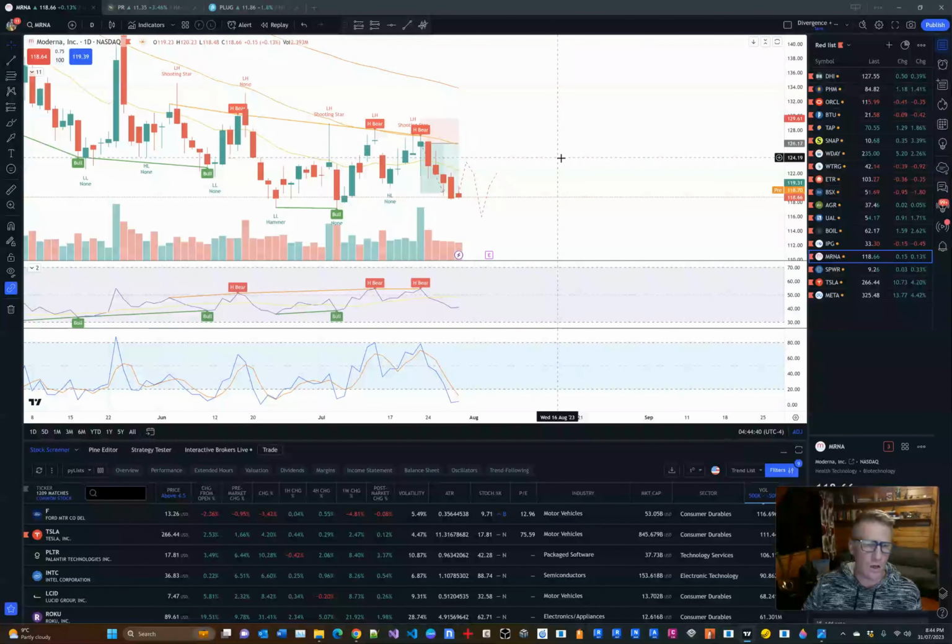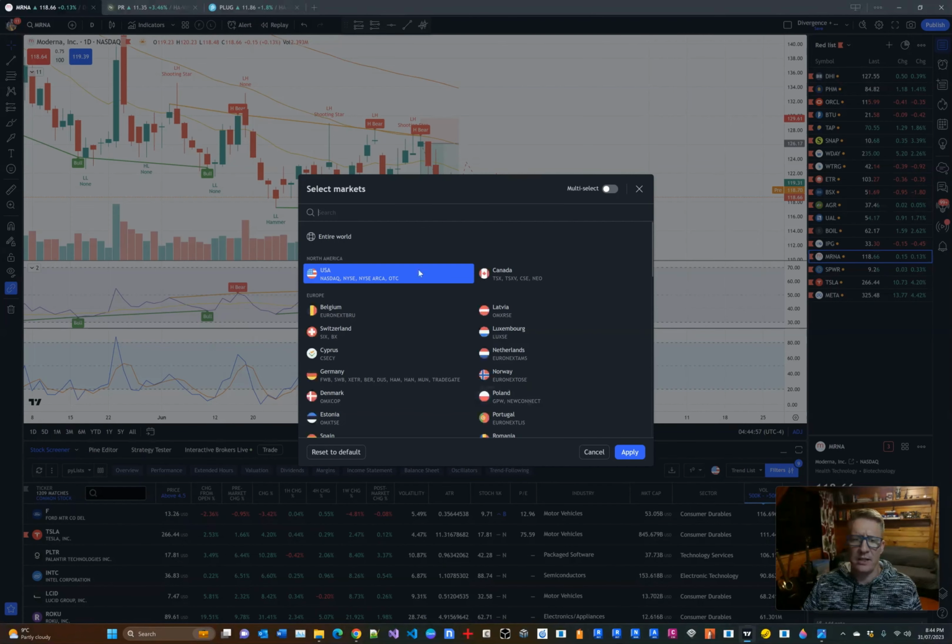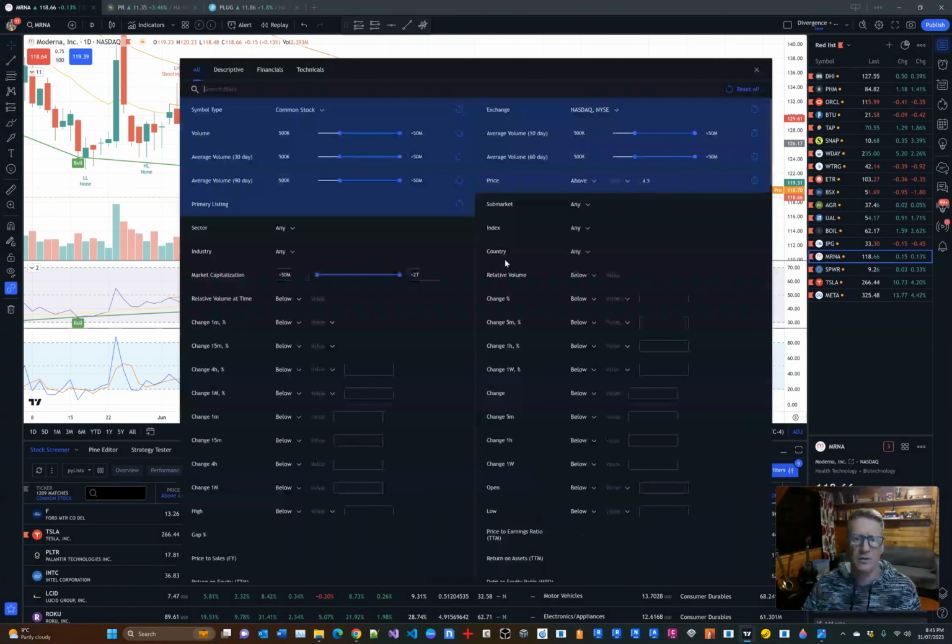All right. Now, with all that being said, let's jump into it and actually see this in action. The first thing I do here in TradingView is I've got a stock screener set up. All I really did here is I set a price of anything above $4.50. I set the markets here to USA. In fact, I don't want to trade all of these markets, so I'm going to show you the filters that I've applied.